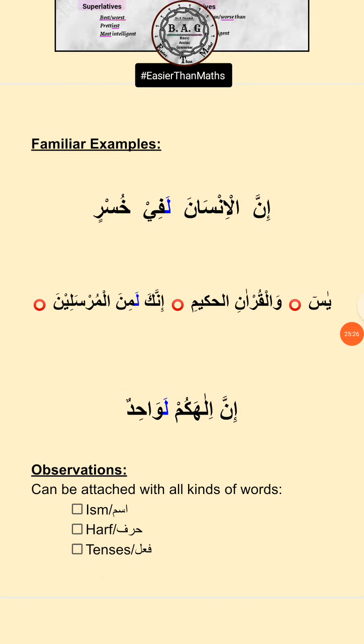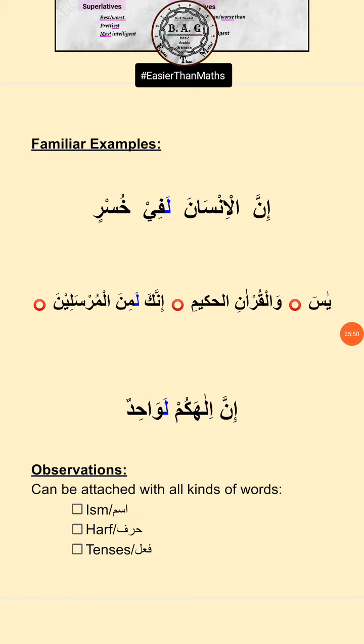Okay, so innal insana lafi khusrin, like the human race, mankind is so in a huge loss. Okay, then innaka laminal mursalin, that indeed you are so most definitely among the ones who have been sent.